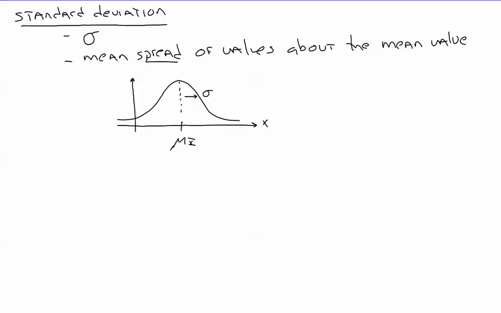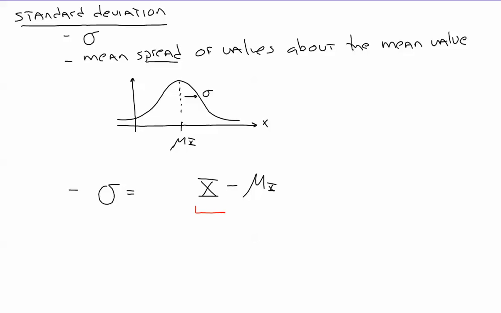All right, how do we calculate that? I'm just going to do this in a bit of a hand-waving heuristic way for the time being to introduce the general concept. We'll come back and calculate it with a bit more precision a bit later. So how do we calculate it? I want to build this up. Sigma equals. The first thing we're going to do is take our random variable, x, and subtract the mean.